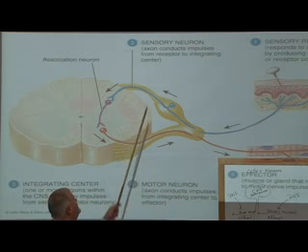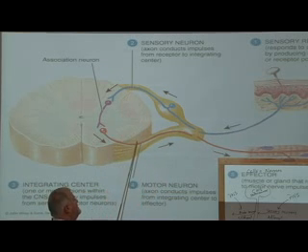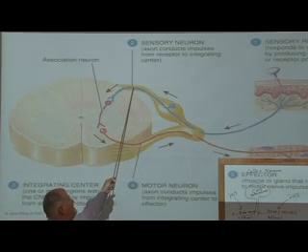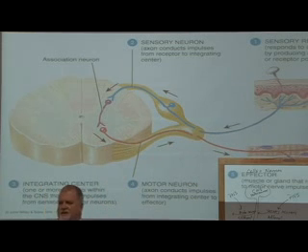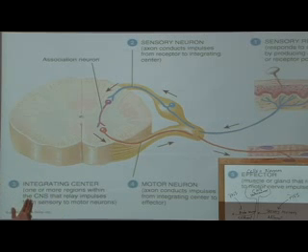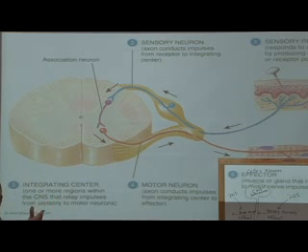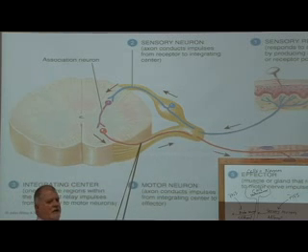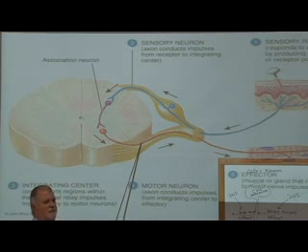So this is a root, and this is a root. Since this is associated with this, and it's on the back of the spinal cord, then the root on the back of the spinal cord would be called the dorsal root. And the root on the front of the spinal cord would be called the ventral root.